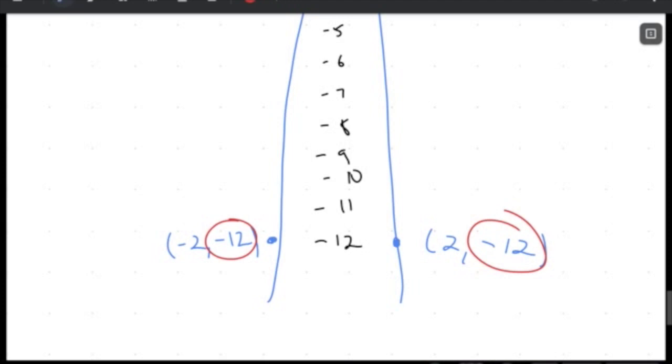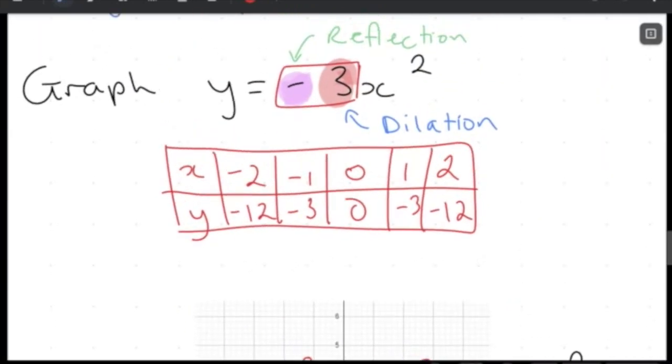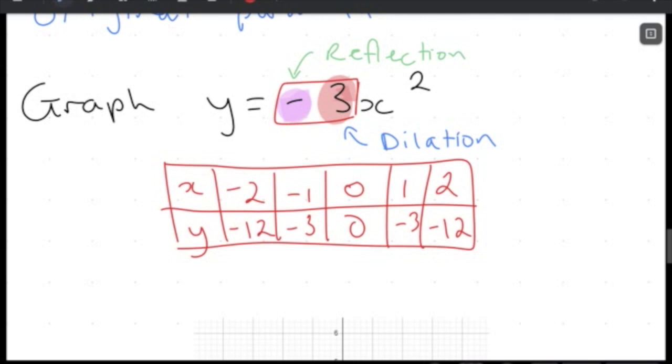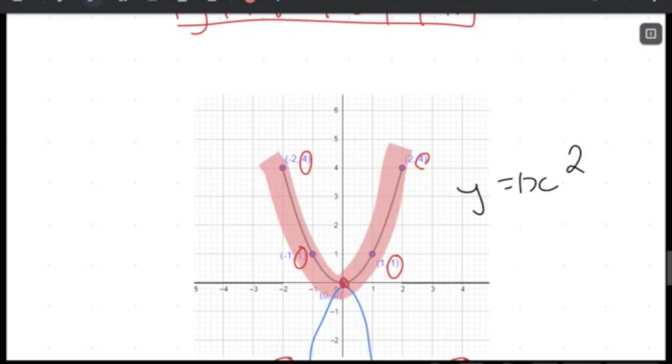So that is how we can also sense check our way through these types of questions. Before we even started, we made a little prediction about how it would look. So when we do our table of values, we can check, well, are these values of y making sense within the context of our original parabola?